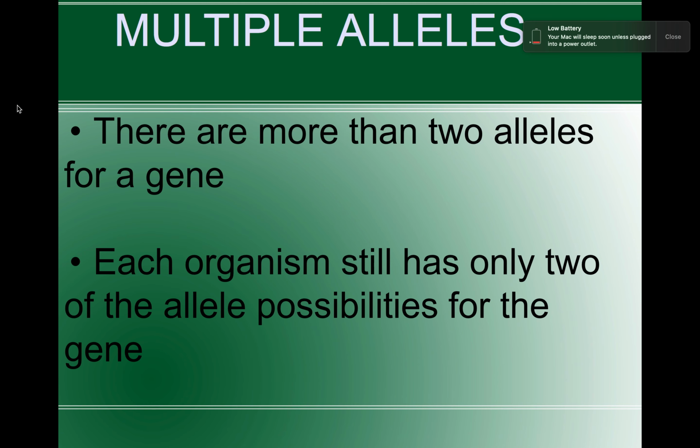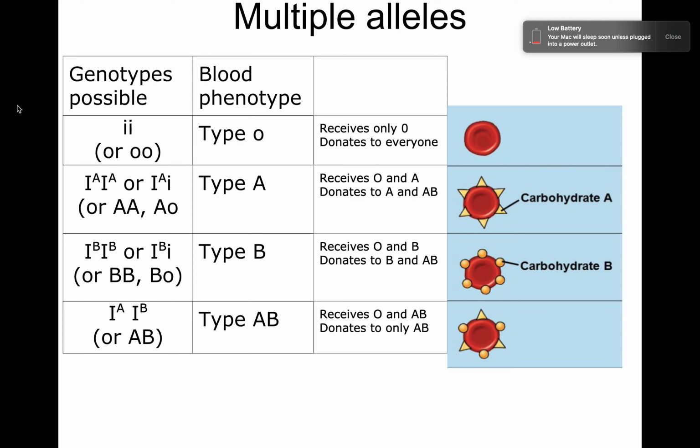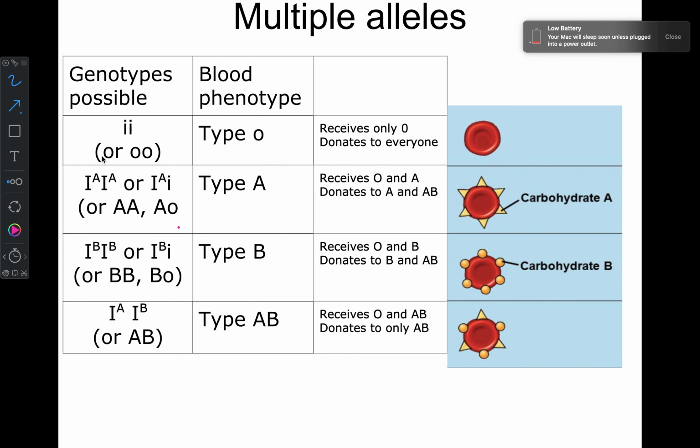For example, one of the things that's a really common example of multiple alleles is blood type, right? So if we look over here at this example, if you have these 2 alleles for blood, you're going to have type O blood. If you have this combination of alleles or this combination of alleles, you'll have type A. Notice how this is different than this, right?